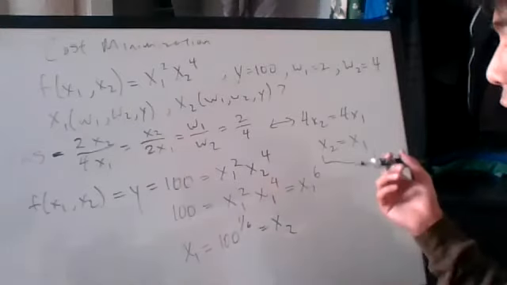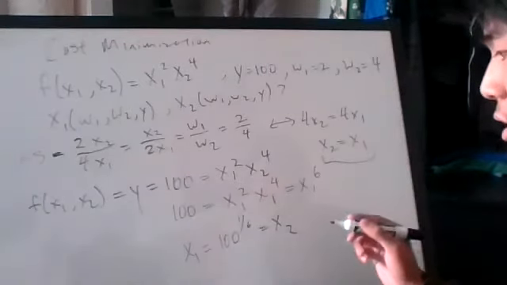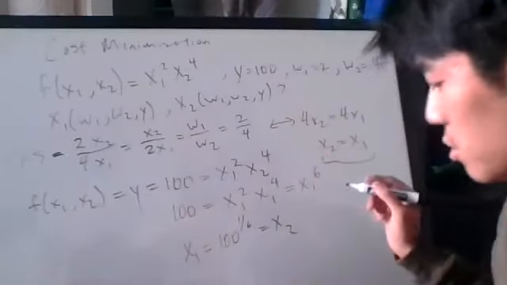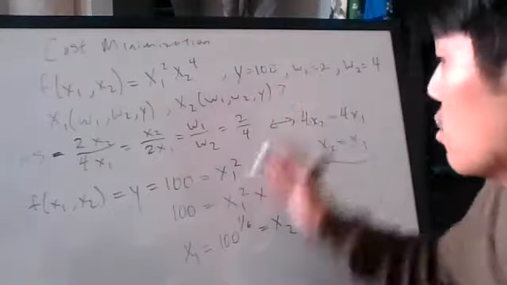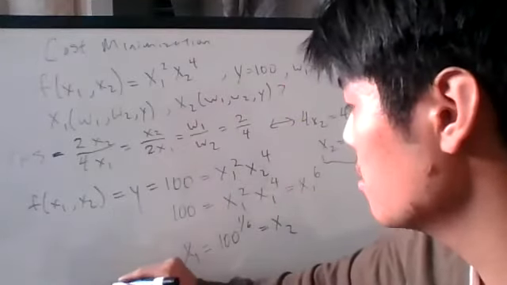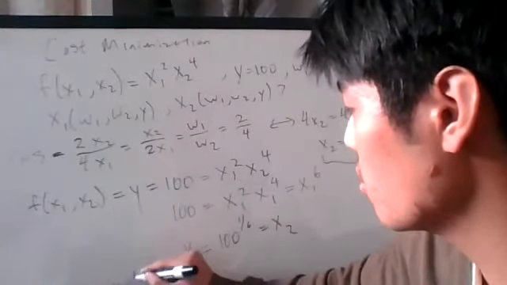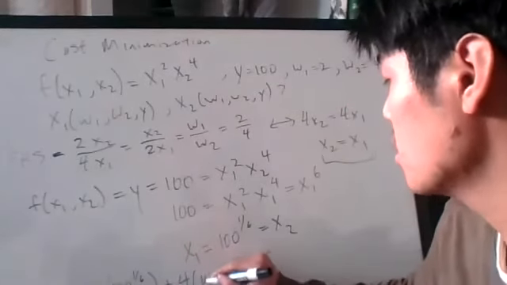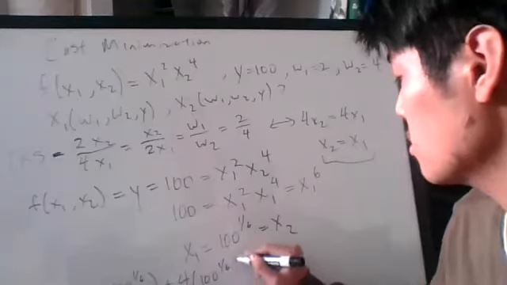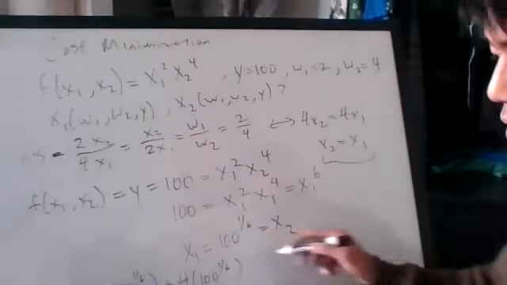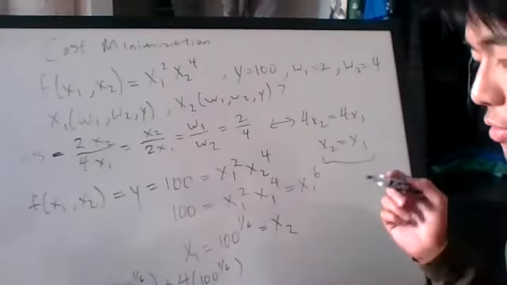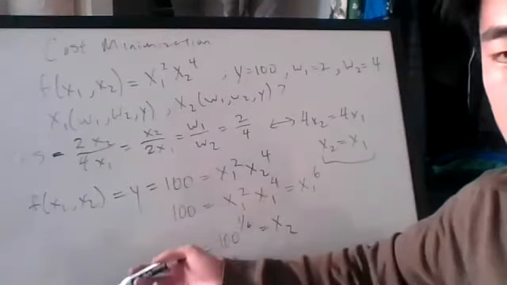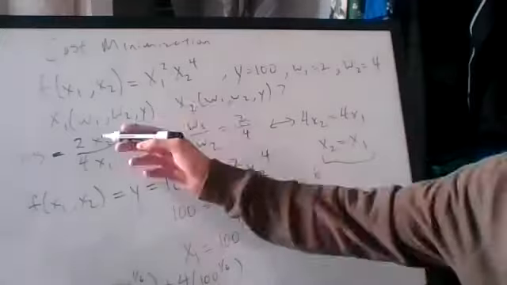If you wanted to finish off the problem, you could say that cost is equal to 2 times 100 to the 1/6 plus 4 times 100 to the 1/6. Whatever this value is, you don't really need to figure it out. It is basically the lowest isocost that touches my technical rate of substitution.